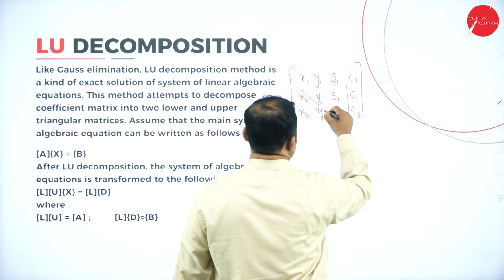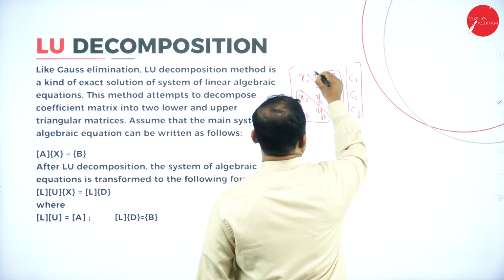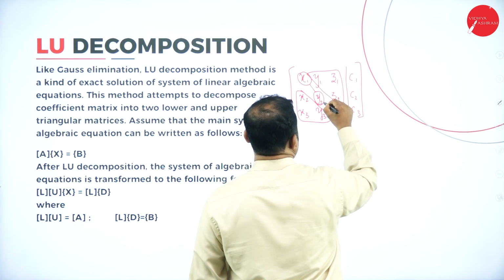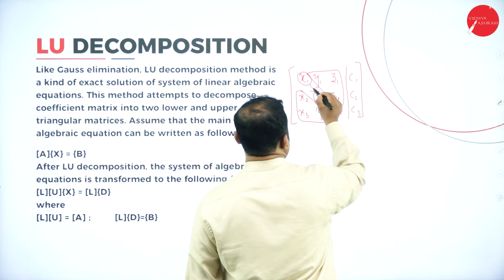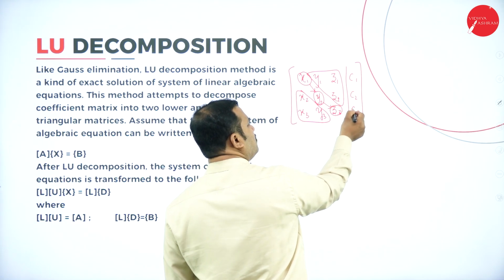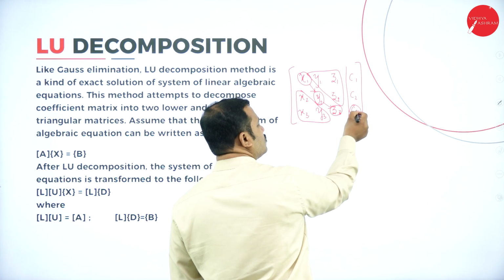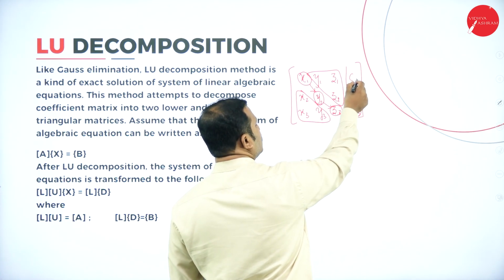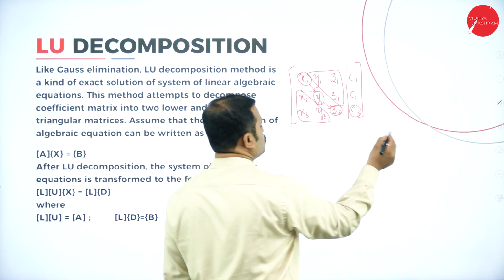By making these elements 0 and keeping these elements of the matrix as 1, the system becomes unitary. By making this system unitary, the corresponding elements on the constant side, that is Z3 equal to C3, Y2 equal to C2, X1 equal to C1, give the values of these unknowns X1, X2 and X3.